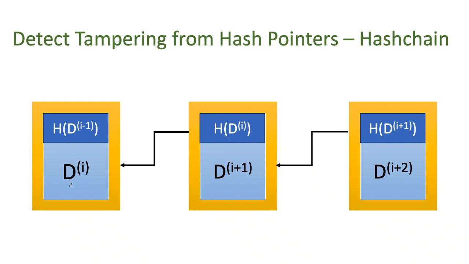That means if anything changes in this data field, it has to update. This data will also be changed, this hash will also be changed. If another block is there, that hash value will also be changed. It means that if any block is updated, the whole sequence of blocks must be updated.